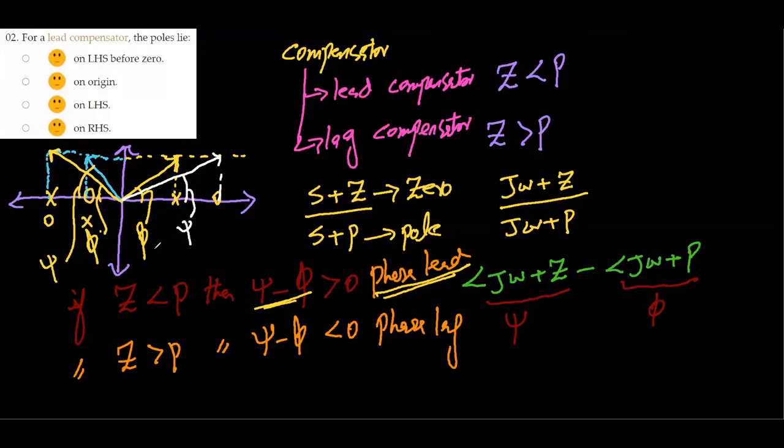Okay, so psi minus phi, which is less than phi angle, will be less than 0, or you can call it phase lag. So the correct option will be option A, on left hand side before 0. Pole must exist on left hand side before zero. So option A will be the correct option.